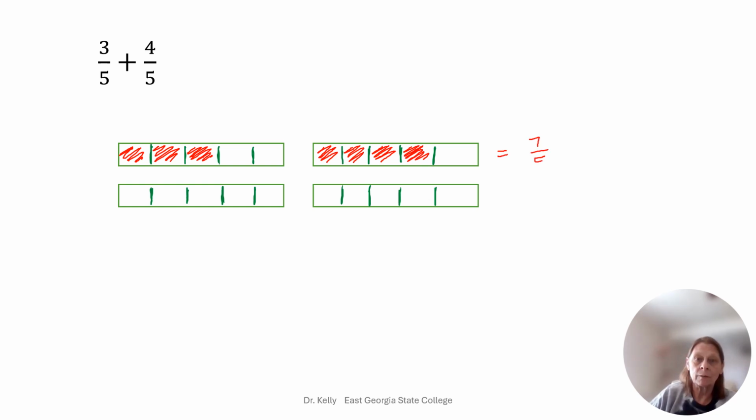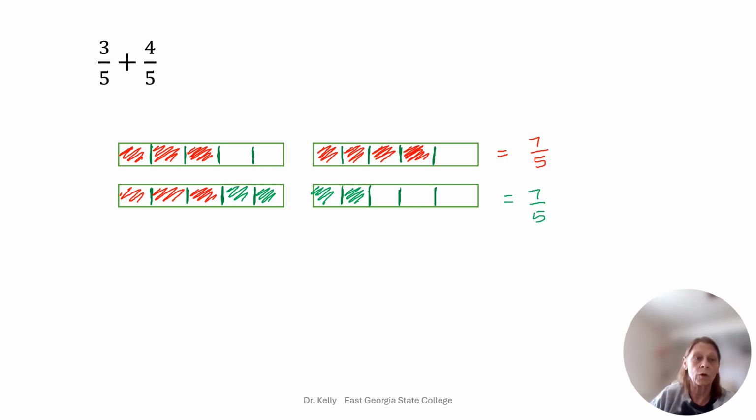But sometimes students need to see that all together. So it could be modeled this way, 3/5, and then maybe in a different color we can put in that additional 4/5, and we can also see there that we have a total of 7/5.